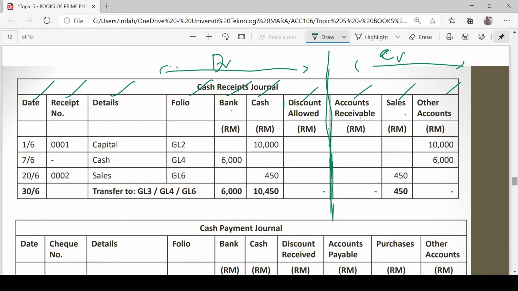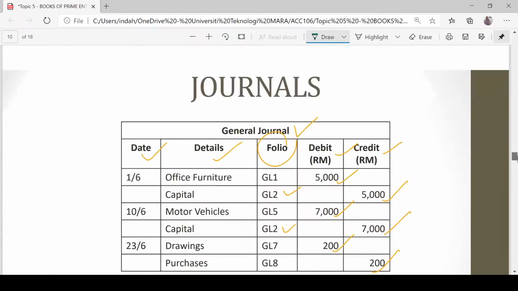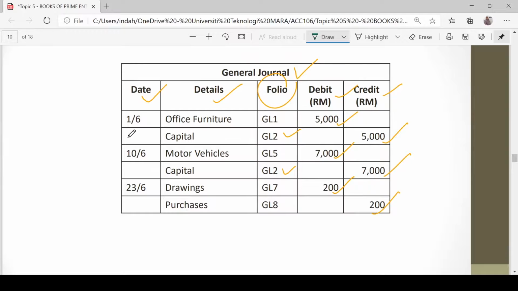The first one is the amount of capital that we receive from the owner. The details is capital, happened on 1st June. Receipt number, we are the one who issues the receipt to the owner. Then folio is GL2. This is the code that you assigned when you prepared the general journal for the first time, when we generalized the office furniture just now.